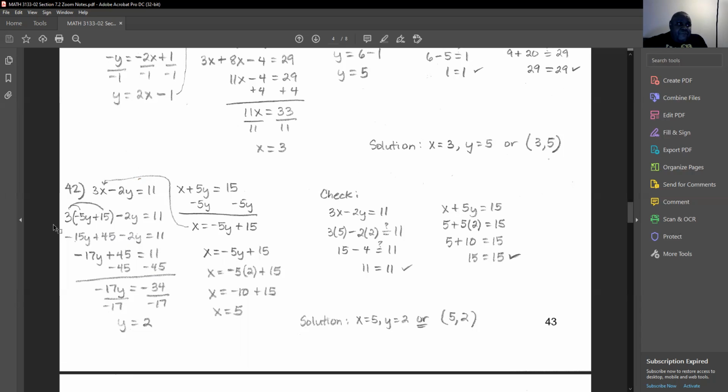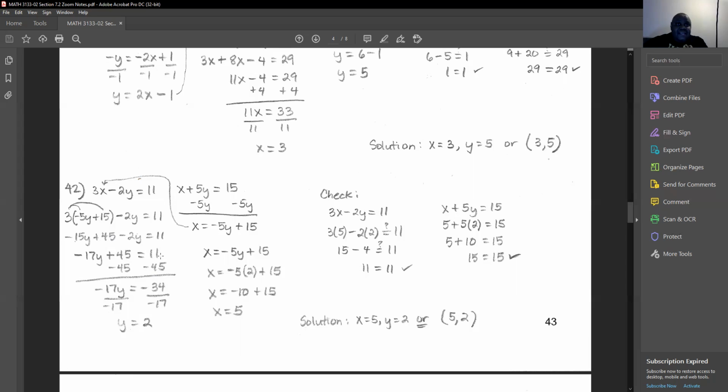Now distribute the 3 over the negative 5y plus 15. You'll have negative 15y plus 45. Bring down the minus 2y, that's equal to 11. Combine like terms: negative 15y minus 2y is negative 17y, plus 45 equals 11.